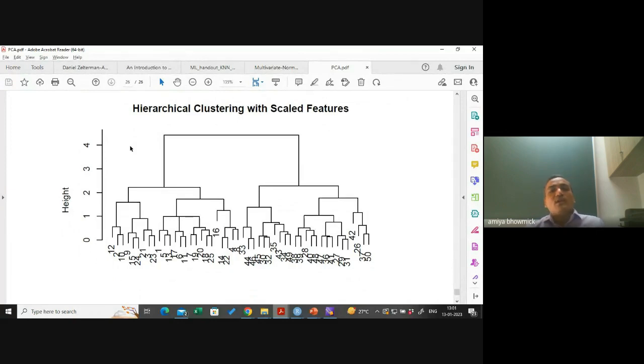Sometimes we can perform scaling of the features in many applications, particularly when the dataset is multidimensional.